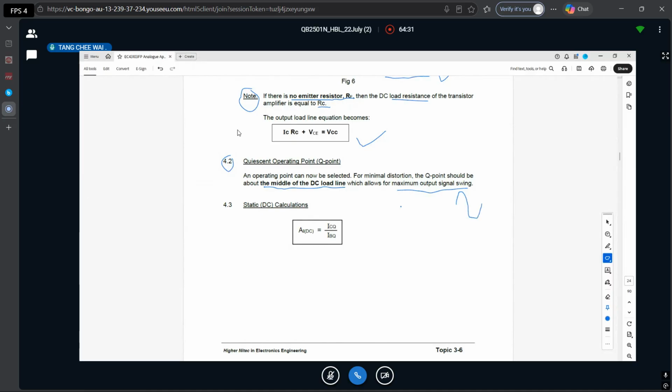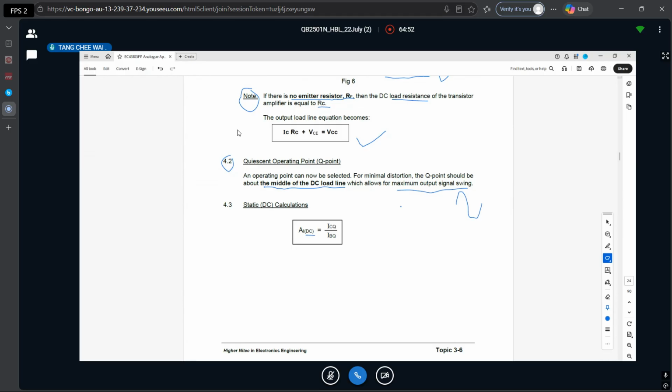Then the next thing, the simple thing to calculate after you get the so-called Q point, you can calculate the current gain at DC, static, and then you get ICQ over IBQ.